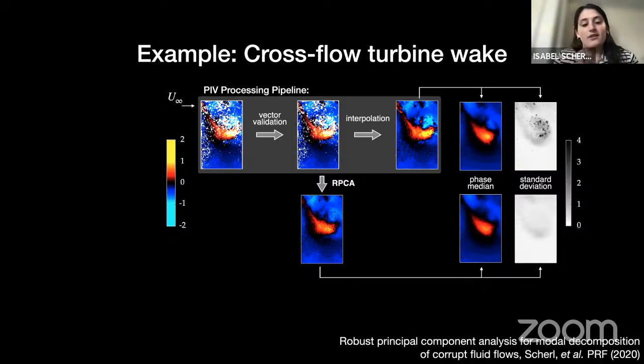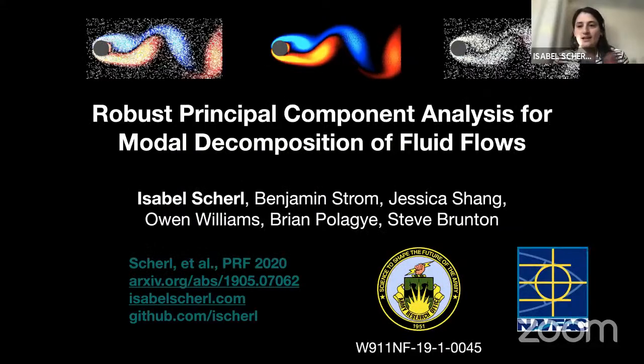For the standard deviation of the interpolated field, there are these dark spots, where there's inconsistent interpolation. Whereas for the RPCA, you get this smooth topography that's likely associated with the turbulence in the flow field.